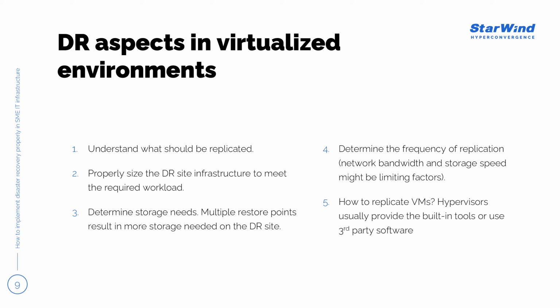If we're talking about the sizing, in order to be able to run your production VMs on the DR side, you of course need hardware and servers, and it is very important to size it properly.